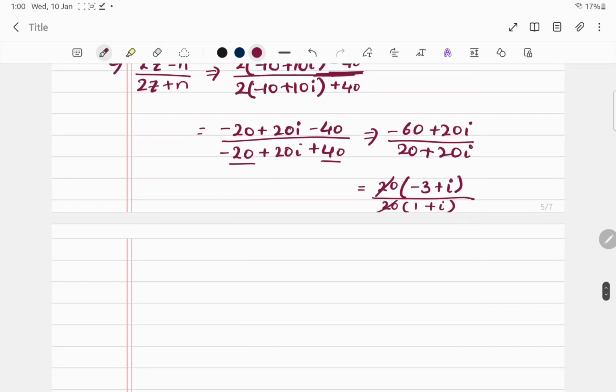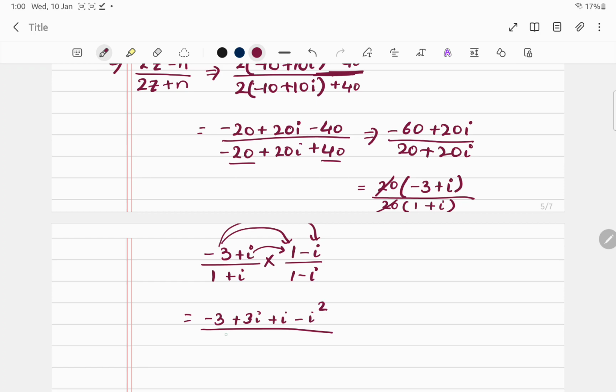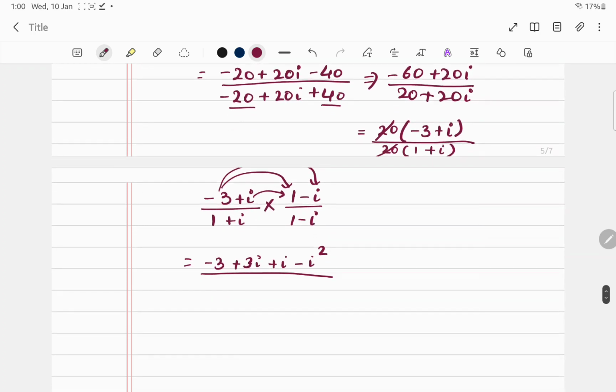Still I don't know what the answer could be because I need to rationalize the denominator. I can't see if I'm on the right way or not, so let's solve further by multiplying and dividing by the conjugate. Minus 3 times 1 is minus 3, minus 3 times minus i is plus 3i, i times 1 is plus i, and i times minus i is minus i square, which is plus 1. I'm just writing it to make it easier for you to understand; you can do it in your head.